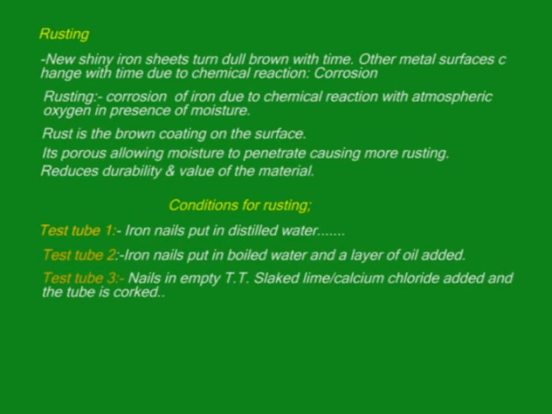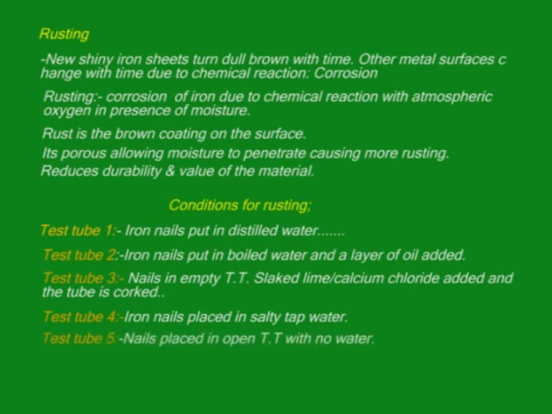In test tube 4, the nails are put in salty tap water, and in the last test tube 5, the nails will be placed in an open test tube with no water. Now the nails are left for a few days, and then we come and make observations.